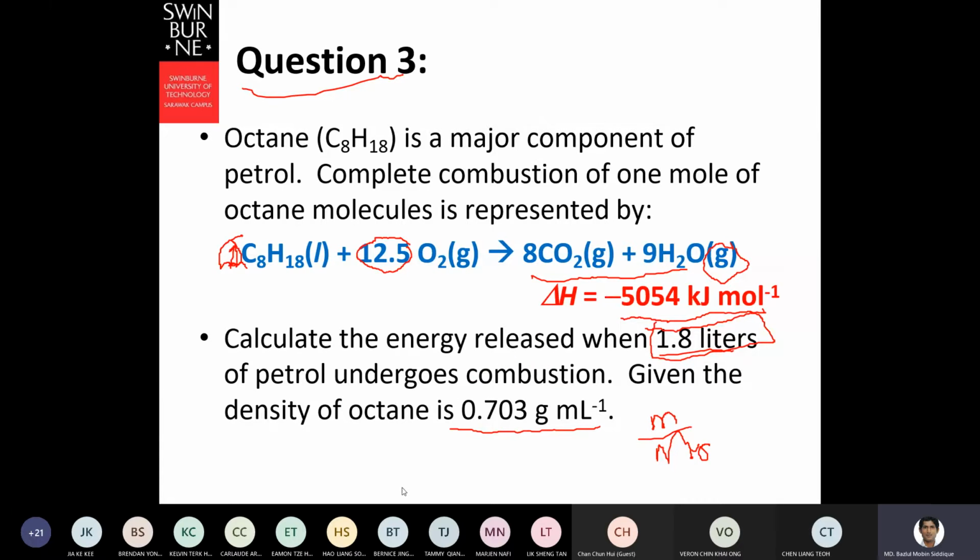How do we convert this 1.8 liters to mass first? Because here we know the density, right? Density is 0.703 gram per milliliter. So 1 milliliter will have only 0.703 gram. So we convert either this to gram per liter, or kg per liter, or convert the 1.8 liters to milliliters, which I think is easier.